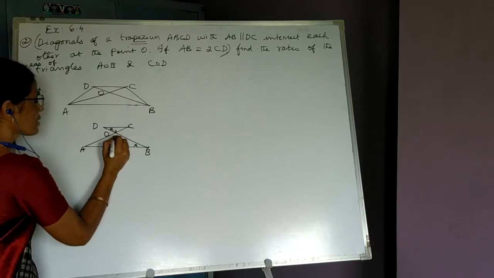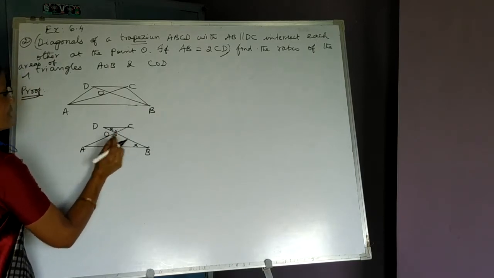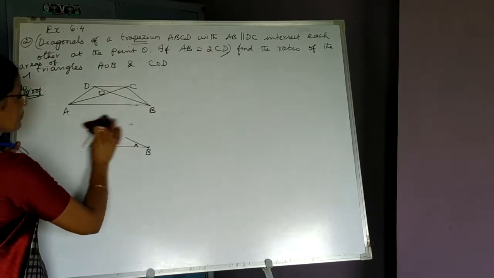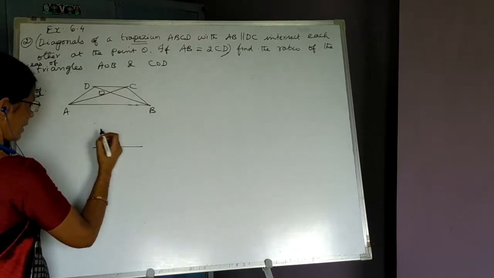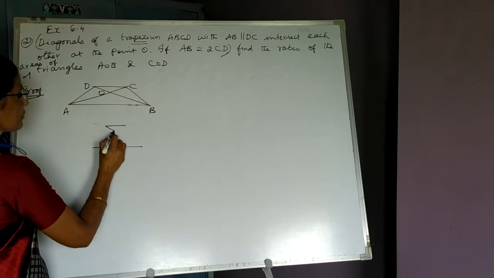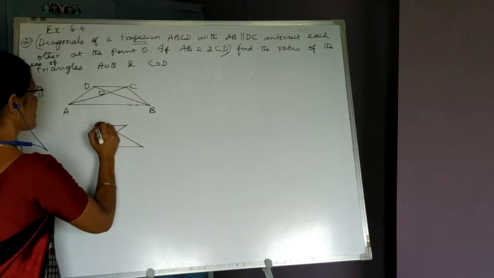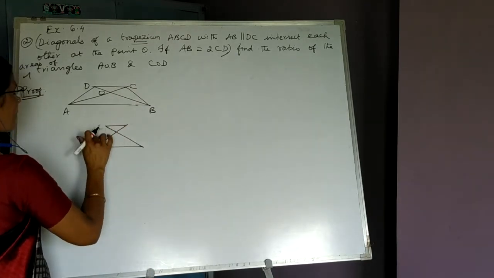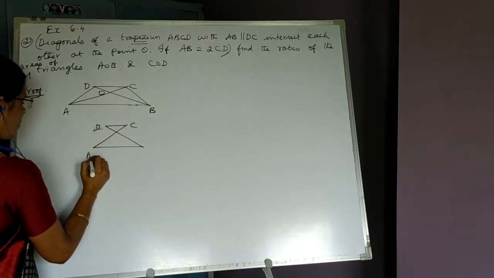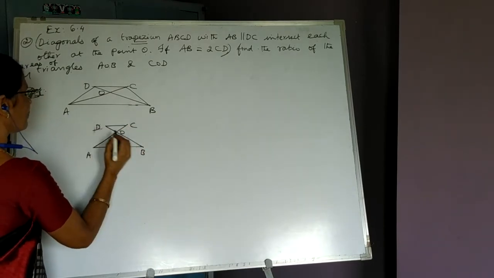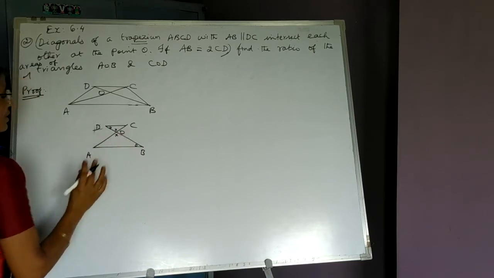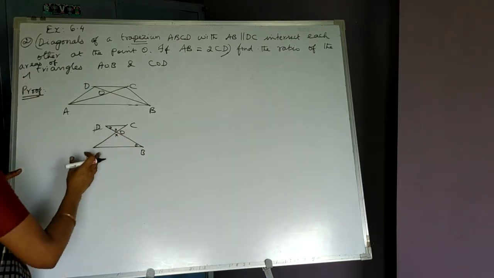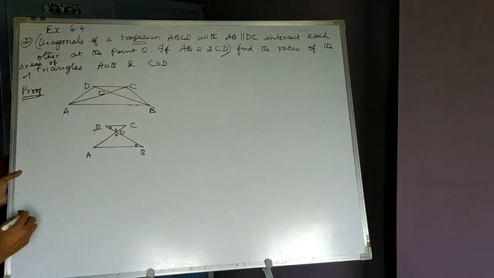What kind of angles are these two? They are vertically opposite angles. Therefore, by AA criterion, the triangles are similar. A pair of alternate angles and these two vertically opposite angles, using AA criterion, we can prove the triangles are similar.